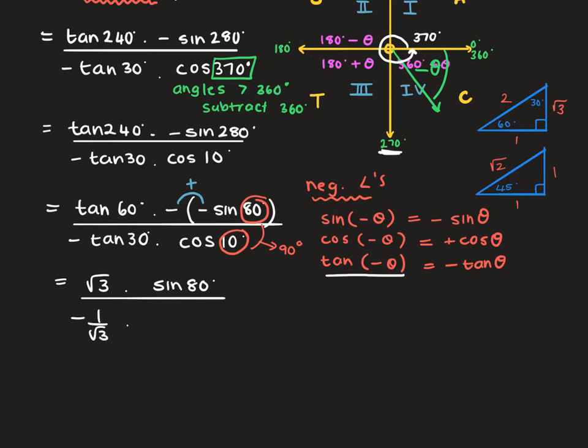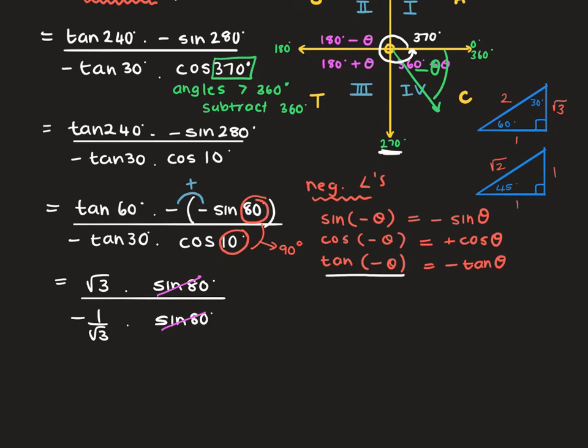So, like I said, with your co-functions, I'm going to rewrite cos 10 as sine 80. We know that those are equivalent in value. And if you want to check, punch it in on your calculator. Type cos 10, type sine of 80. Now this is lovely because those can cancel out.